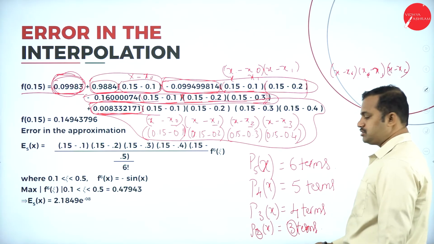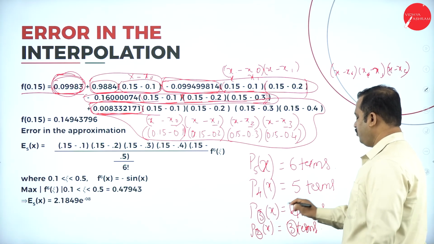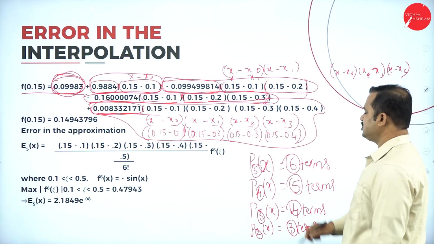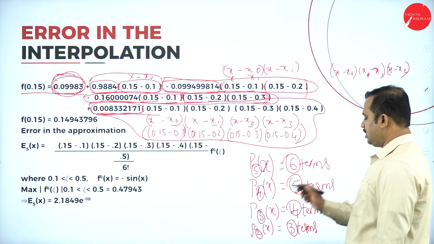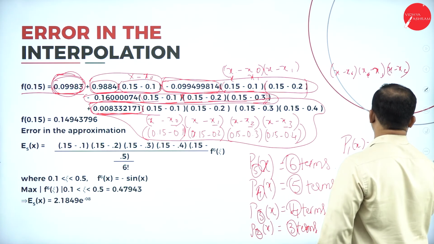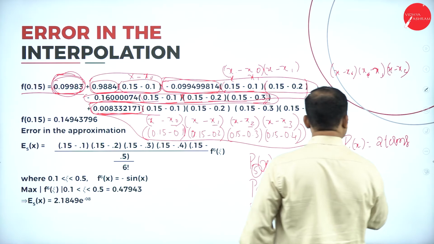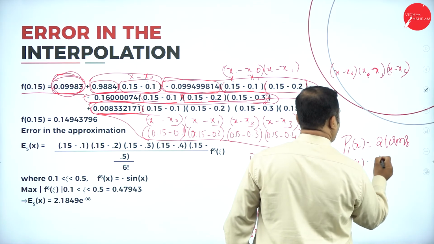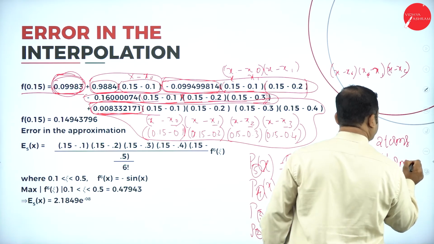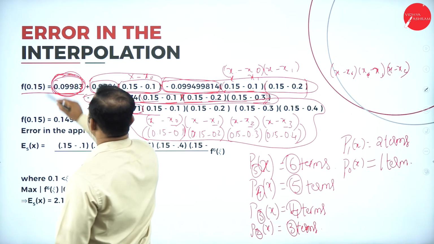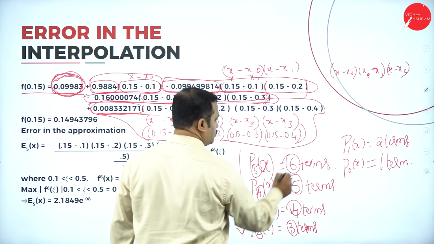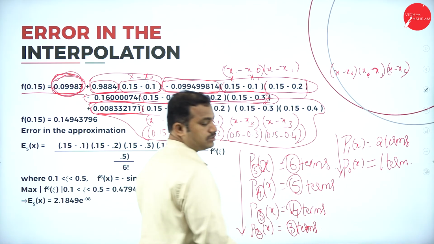P1 of x will have 2 terms. Then P0 of x will have only 1 term, which is a constant. So this is how we are going to calculate the terms.